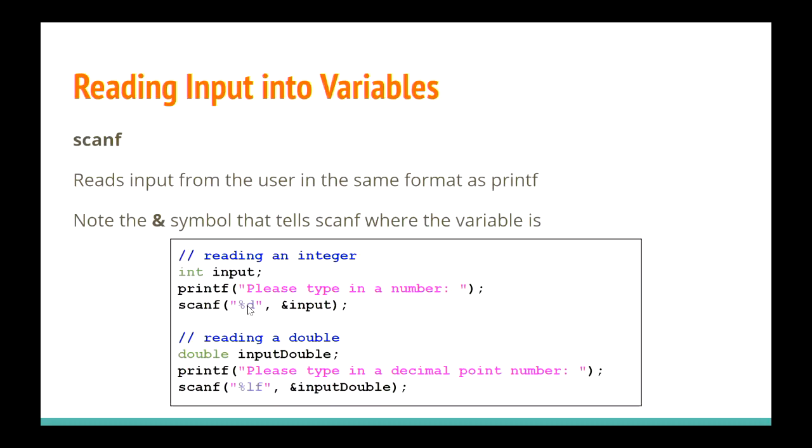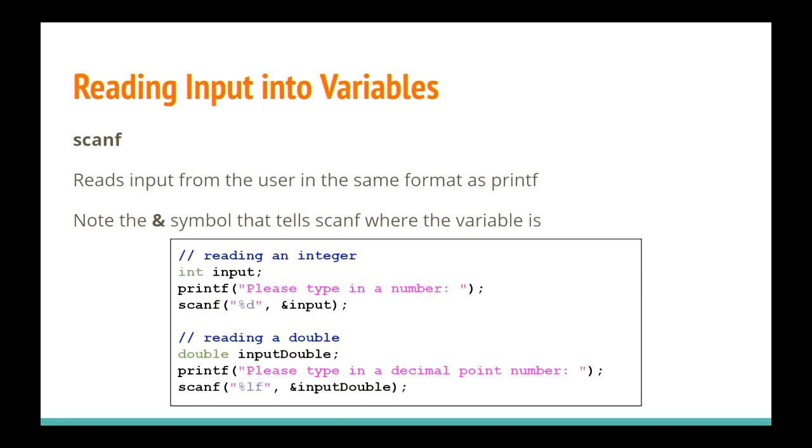So here with %d, I'm expecting a whole number, an integer. And this is where I want it to go. So I want it to be put into the variable input. So I say, input's the variable I'm going to go into, but I need to give this an & to say this is where this variable is. There are details in that we're going to go into later, but for the moment, just understand that scanf is going to use the & in front of the variable name.